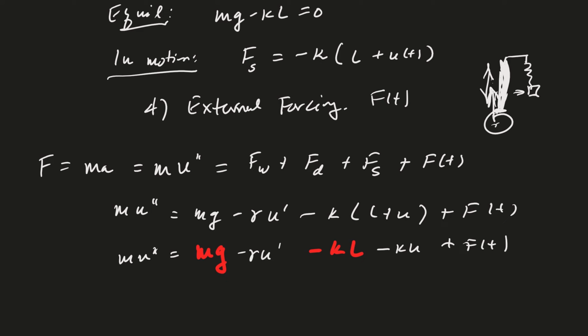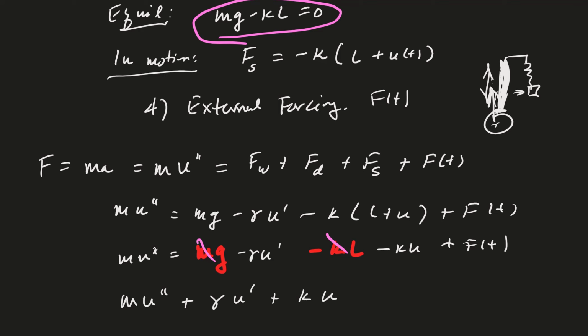You might see it at the top of your screen. mg minus kL is equal to 0, so those two terms drop out. Now I'm ready to write my differential equation: m u double prime plus gamma u prime plus k u equals F of t.